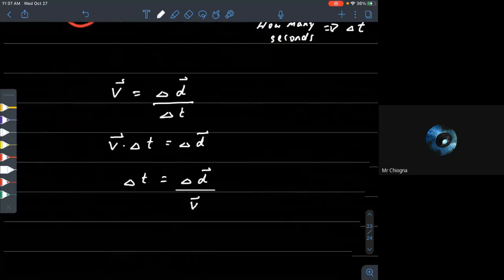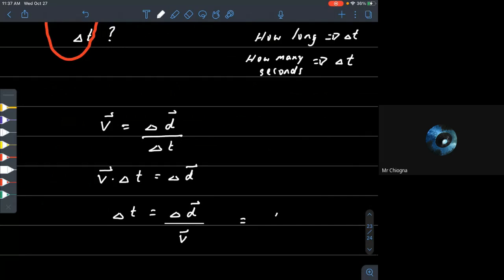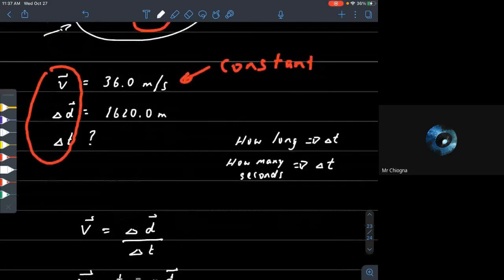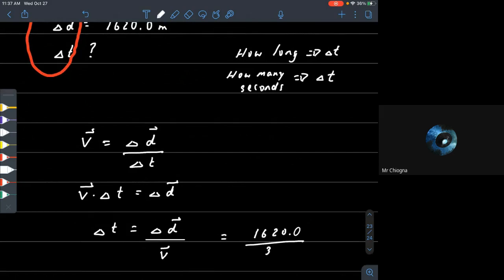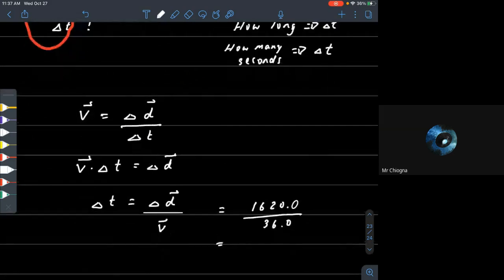Okay, so I can now just take my displacement, which is 1620. Divide it by the velocity, 36. What is that?